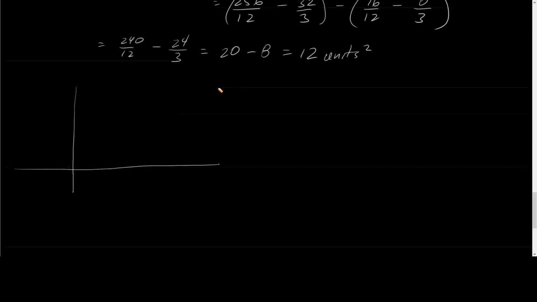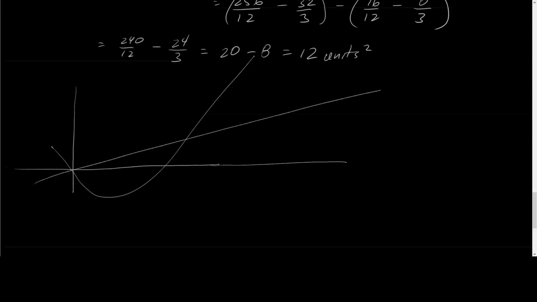I guess we can do it this way. That's fine. Here's 2, here's 4. All right, and what we found was this region. Not drawn to scale, of course.